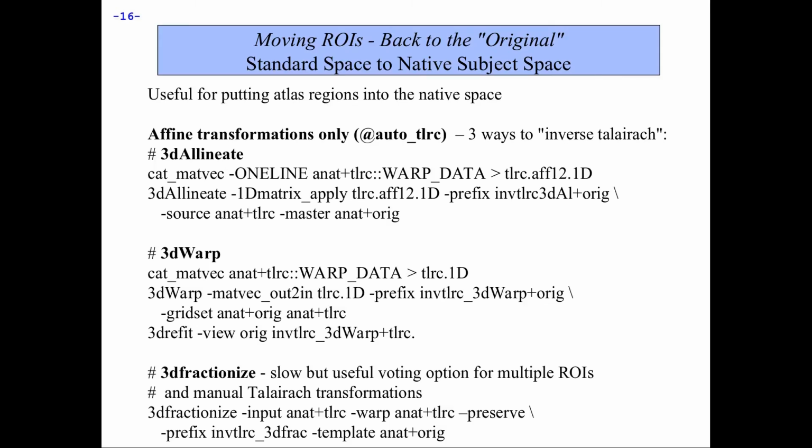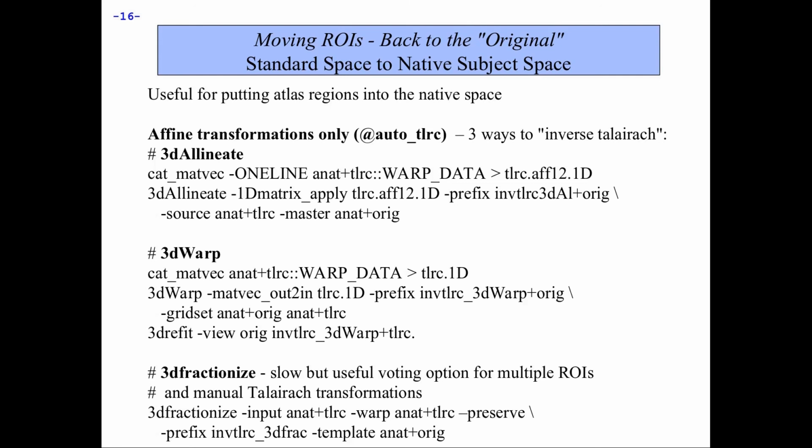Another thing that you can do that's something like this resampling is moving the data around. We want to move our ROIs. So we may have ROIs that are in standard space, and we may want to move them to our native subject space. This is very commonly done in animal studies, or if you have subjects that you don't want to move around too much in terms of the transformations.